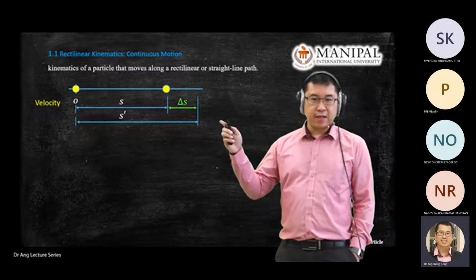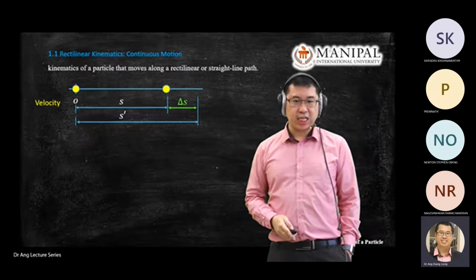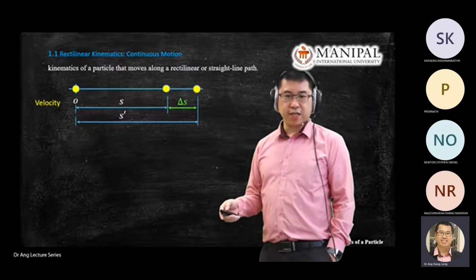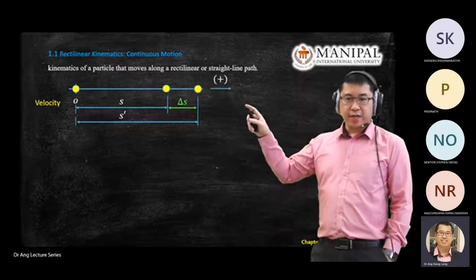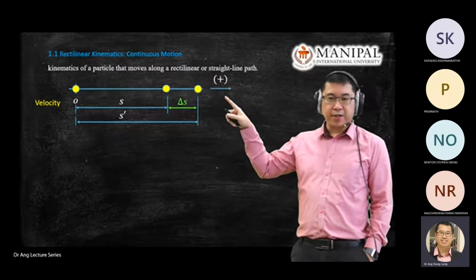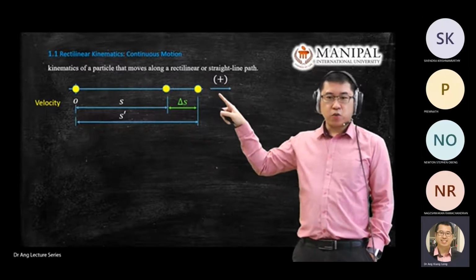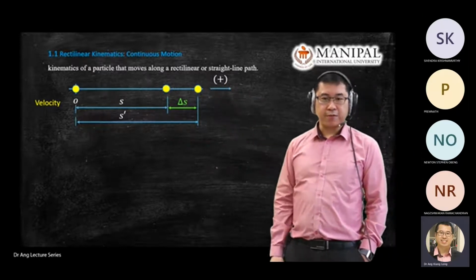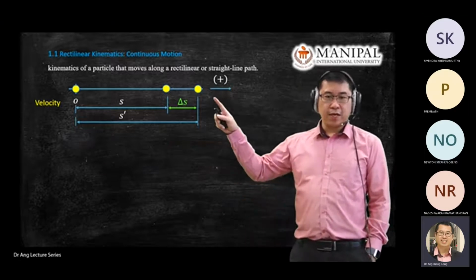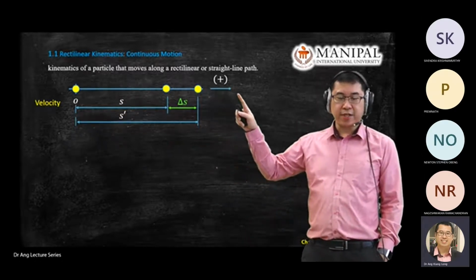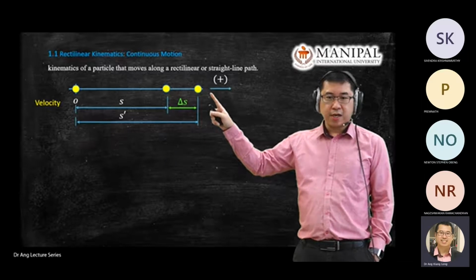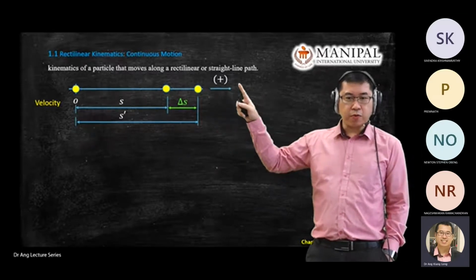Now we look at velocity. How do you define velocity? In your diagram, in your answer, we will always assume direction to the right is positive. Or later, when you plot the XY axis, along the x-axis to the right is positive.